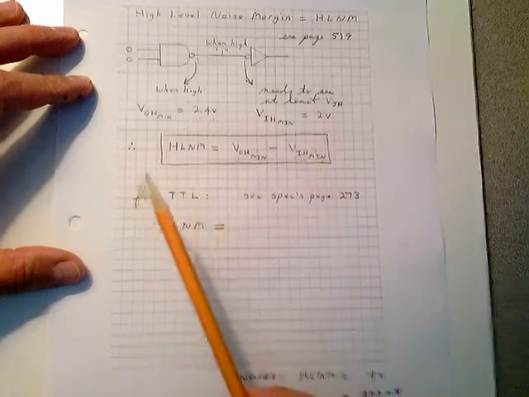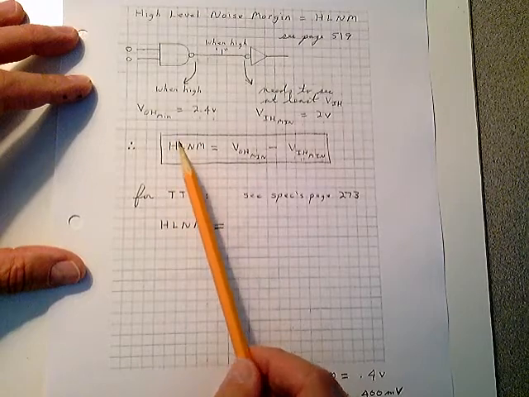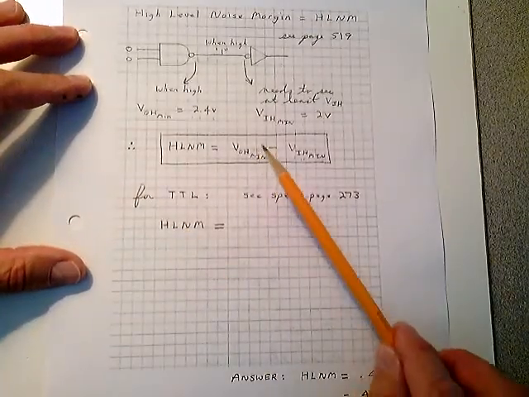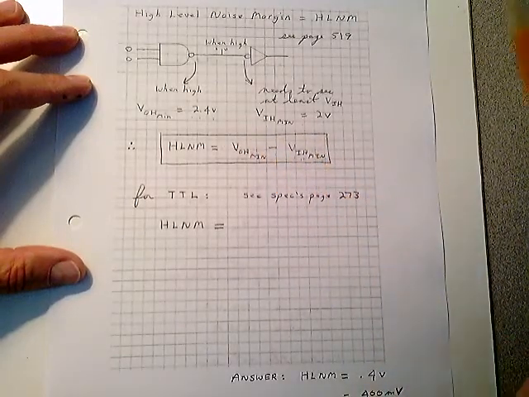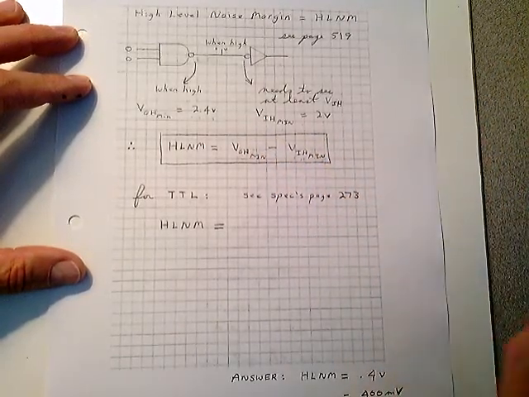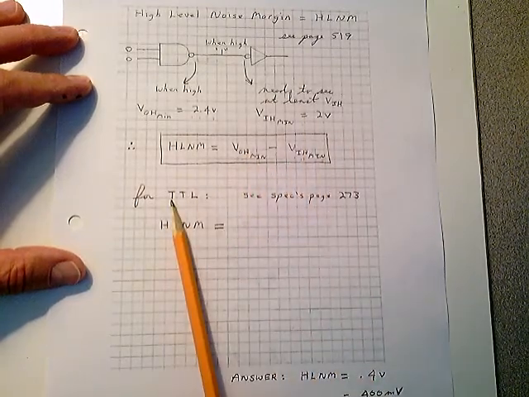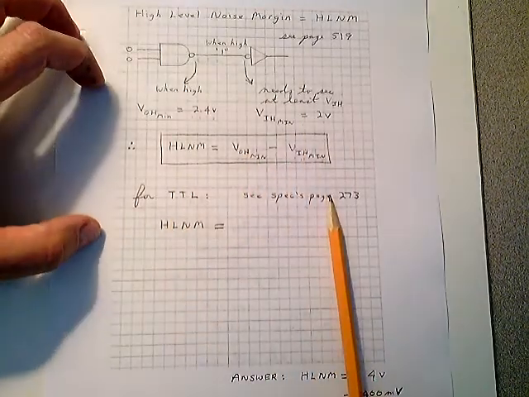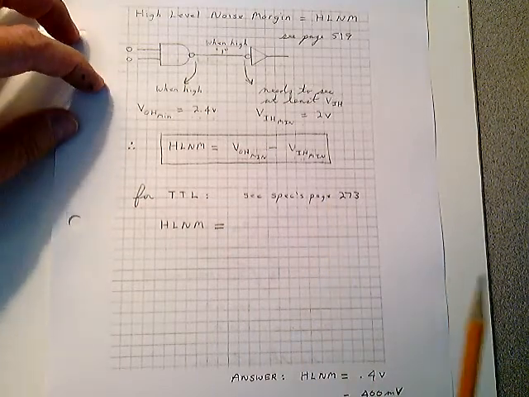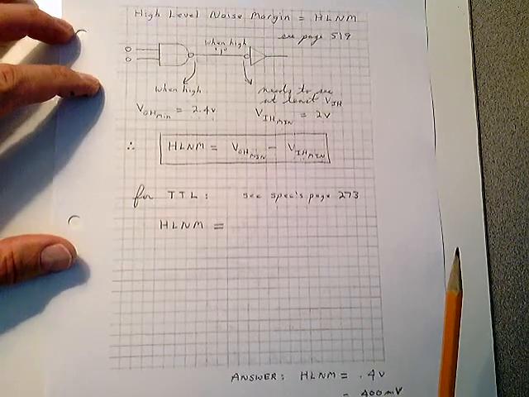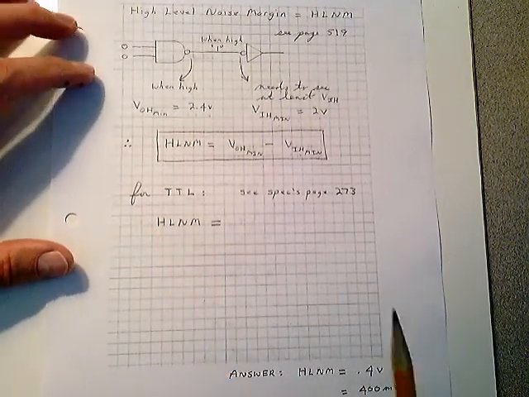Just a simple calculation. These equations that I just gave you for high-level noise margin and low-level noise margin are the same equations used in every family: CMOS, PMOS, NMOS. It's just the specifications that change. We're working with TTL, so I want you to look at your spec on page 273 for the quad NAND gate package, and calculate the high-level noise margin.